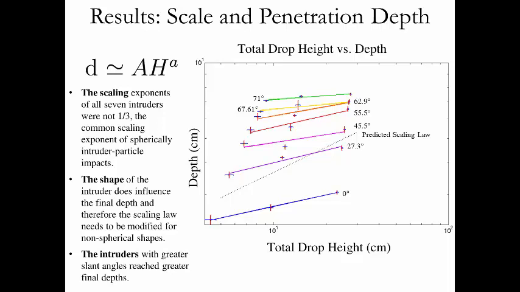So we can see that the scaling exponents of all 7 intruders were not 1/3, the common exponent of a spherical particle impact, and that the shape of the intruder does influence the final depth, and therefore the scaling law needs to be modified for the non-spherical shapes. We also see that the intruders with the greater slant angles, i.e. the more angled, reach greater final depths.